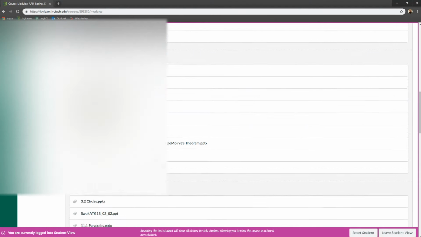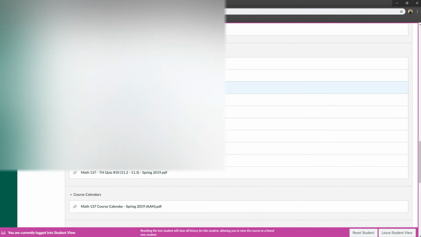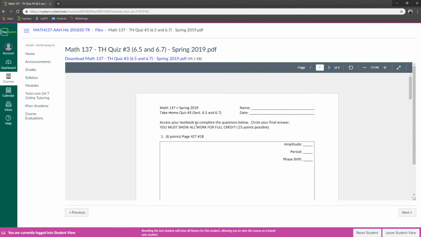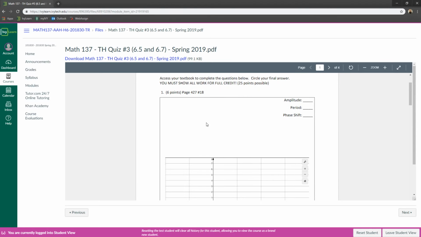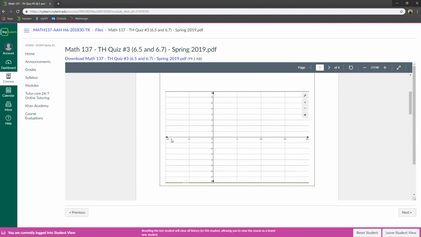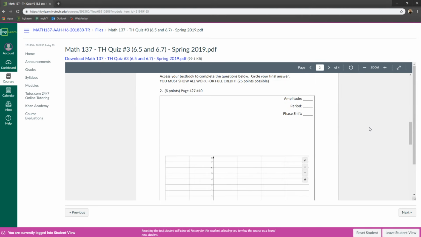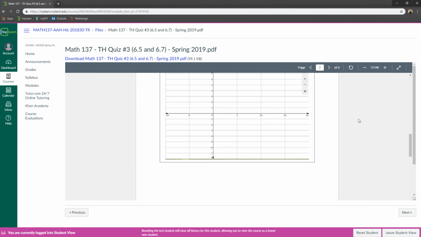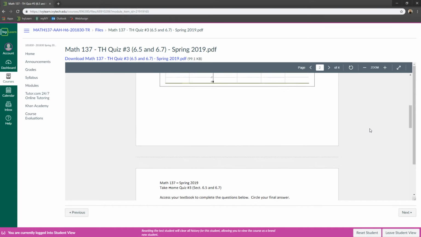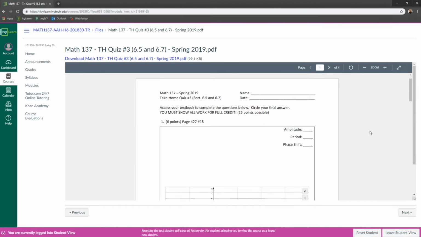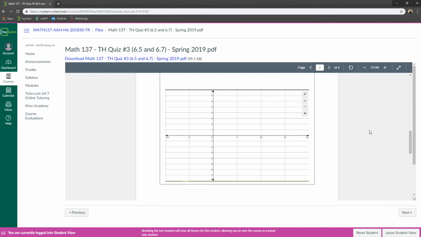All of the quizzes for the entire semester are already here, and so take home quiz 3, you can download the PDF and print it off, or if you don't have access to a printer, just do the problems listed here. And notice here's our minus 2 pi to 4 pi picture that goes from minus 8 to 8 on the y-axis. So you got a couple of graphing problems to do that are just like the ones that I just got done doing on your quiz.